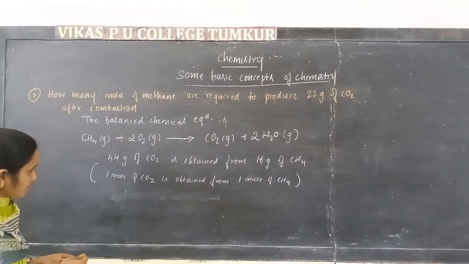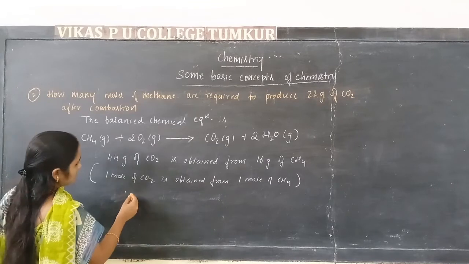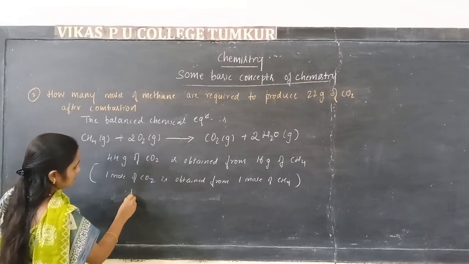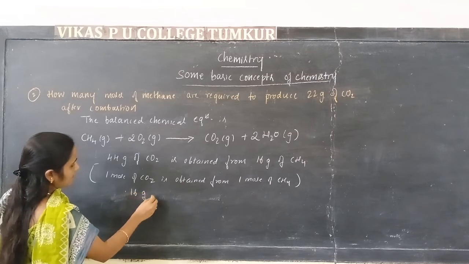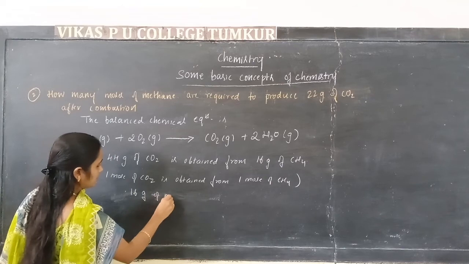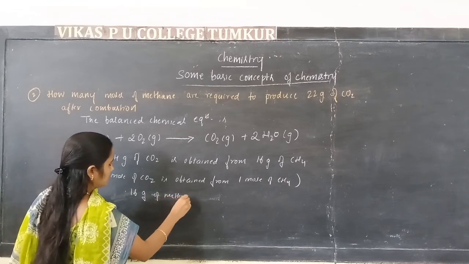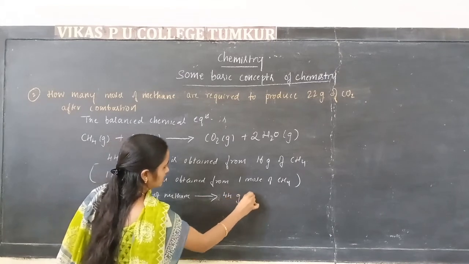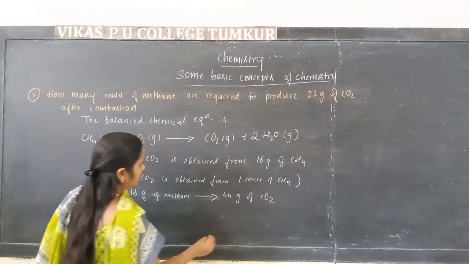Therefore, we can write: 16 gram of methane produces 44 gram of CO2.